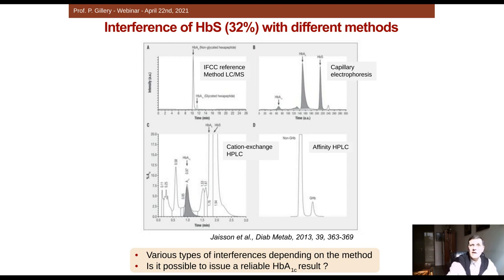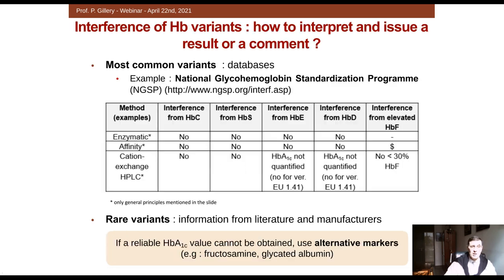This is not the case with capillary electrophoresis or cation exchange HPLC, where the peak is easily detected. So once again, there are various types of interferences depending on the method. And again, the question is: is it possible to issue a reliable HbA1c result?